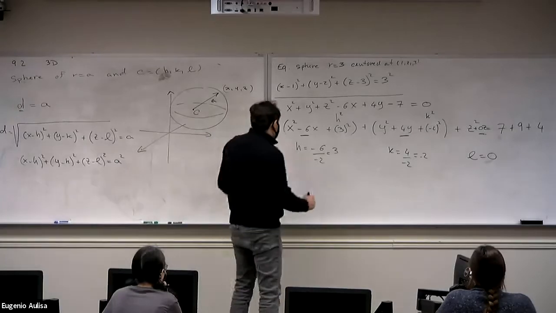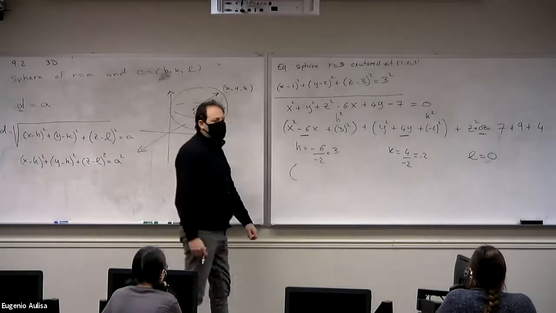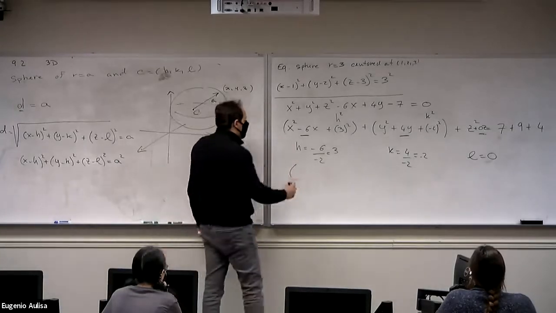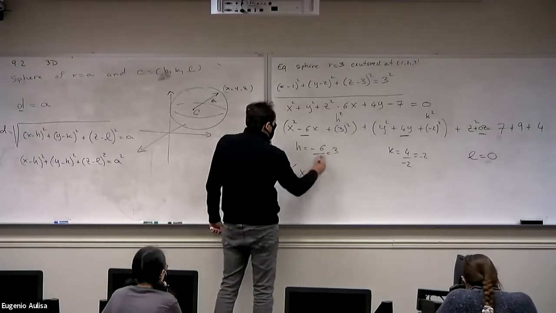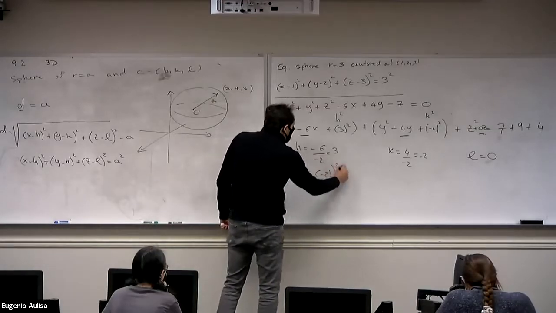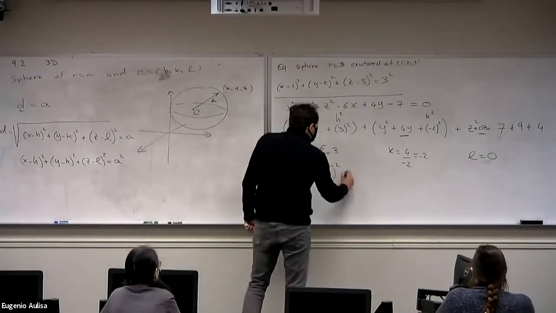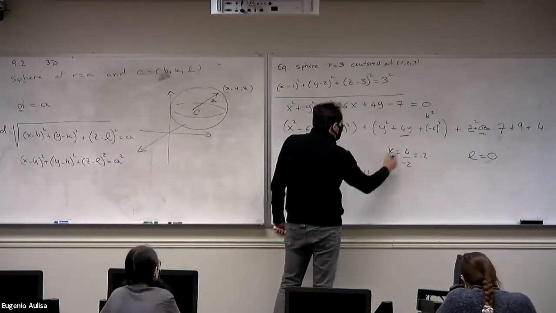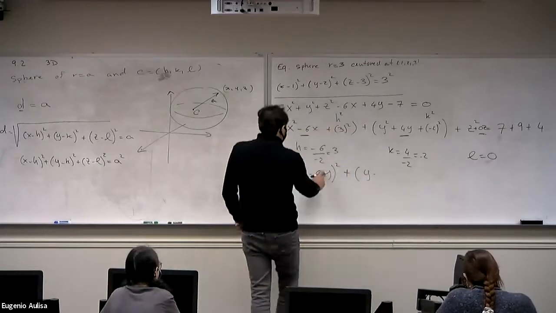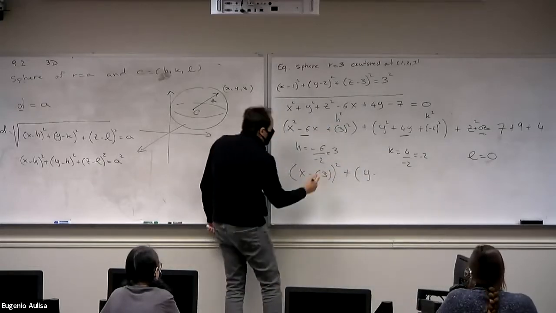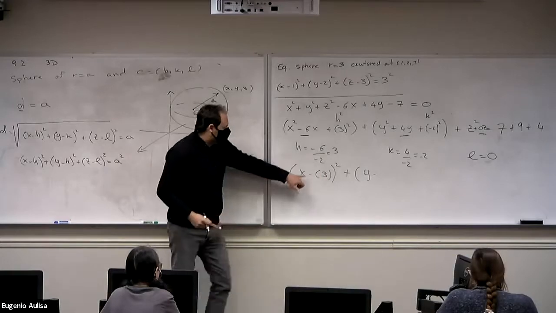So what's this going to be? It's going to be the square of the binomial x − h.